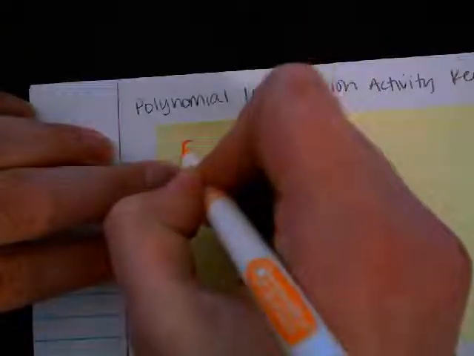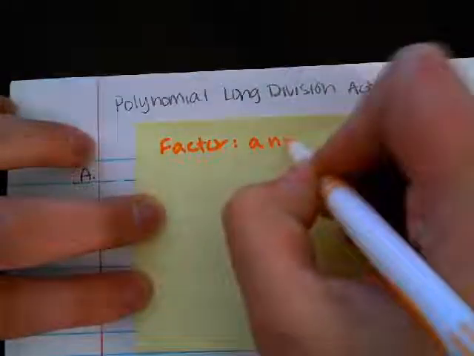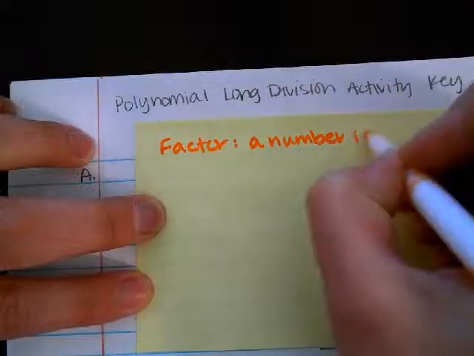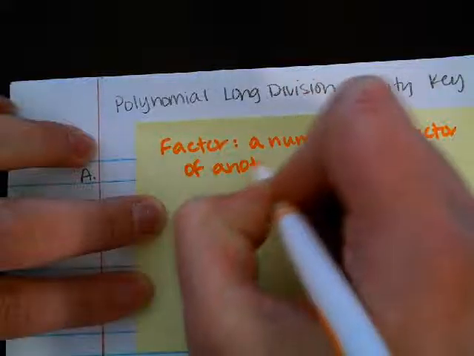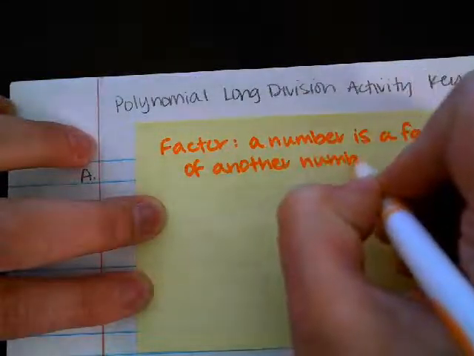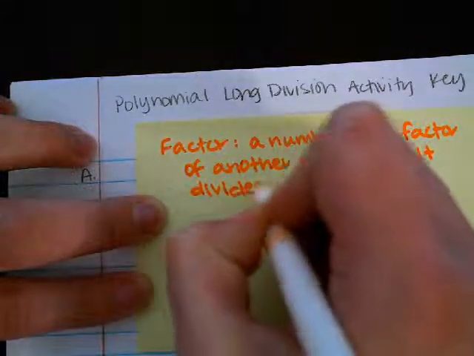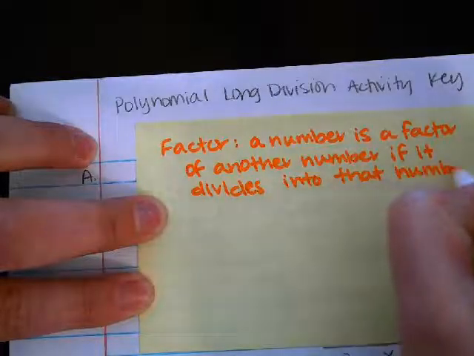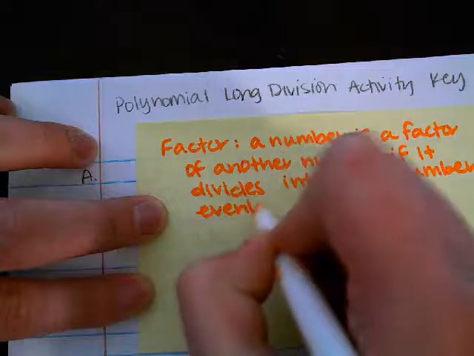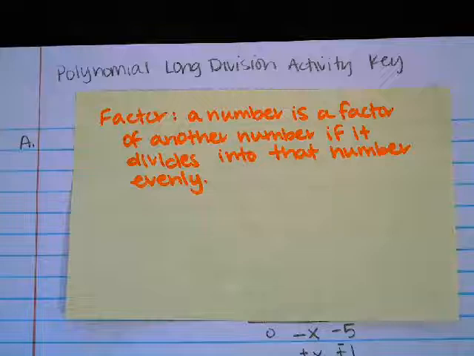So I'm going to say a number is a factor of another number if it divides into that number evenly.